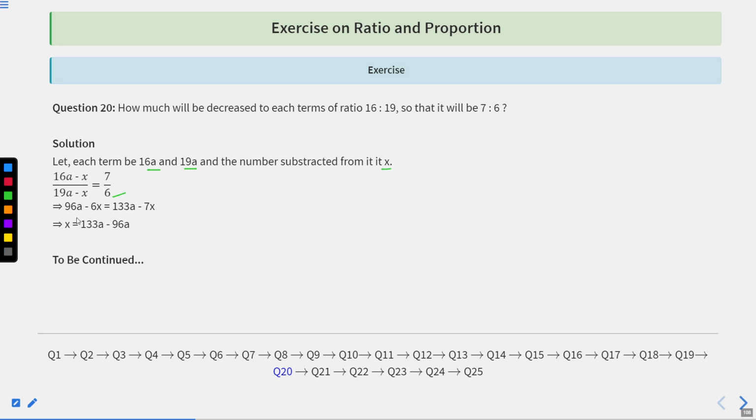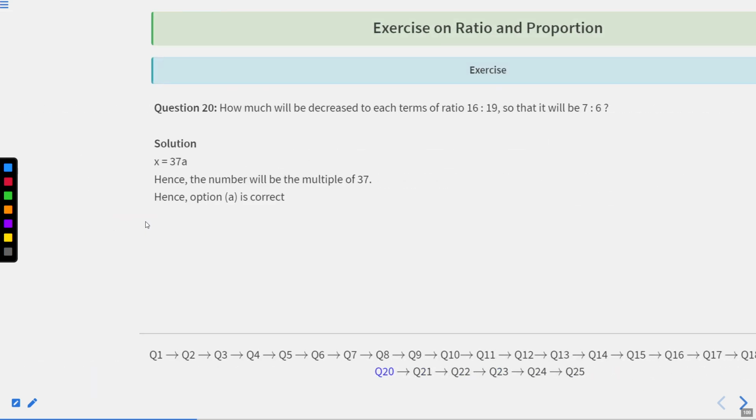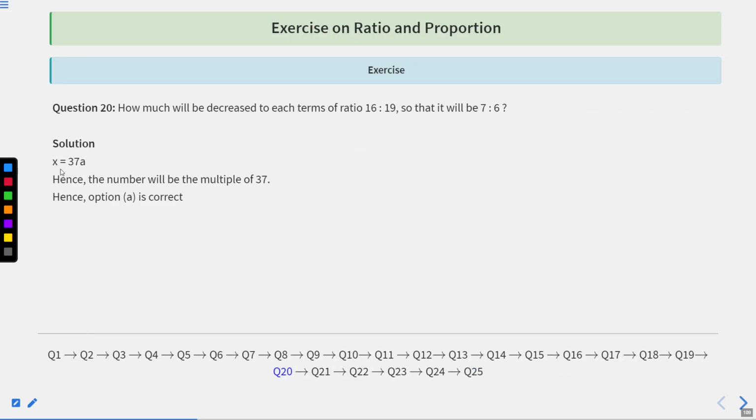Let us do cross multiplication here. You will have 96a minus 6x equal to 133a minus 7x. So x is equal to 133a minus 96a, so x equal to 37a. Hence the number will be a multiple of 37. So the correct option here is option A.